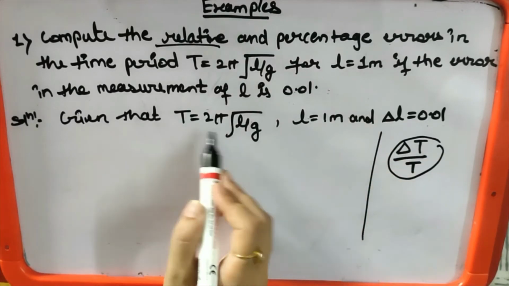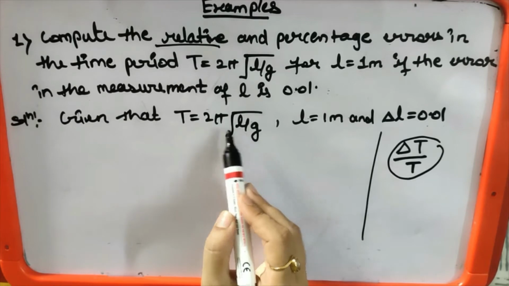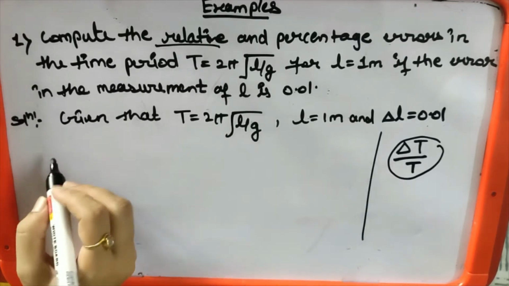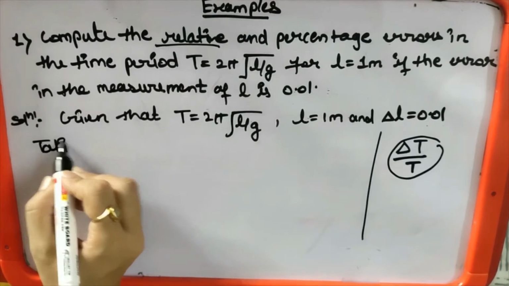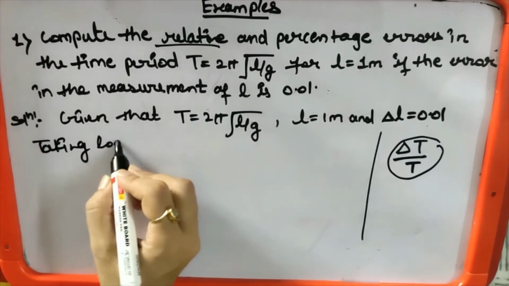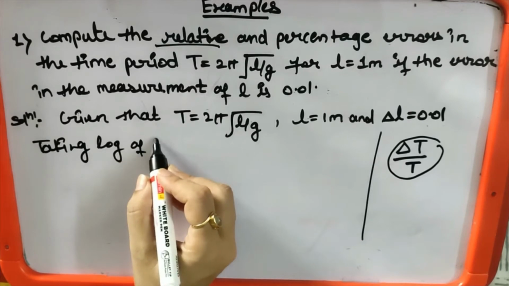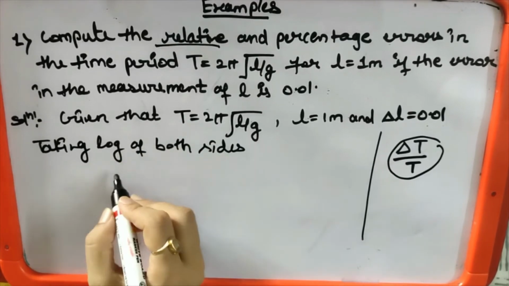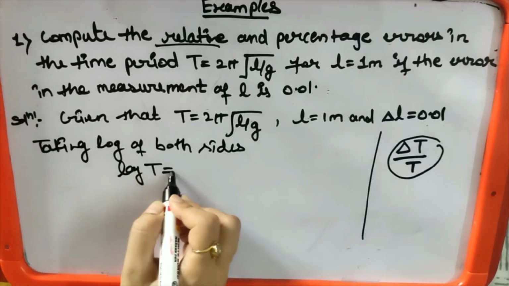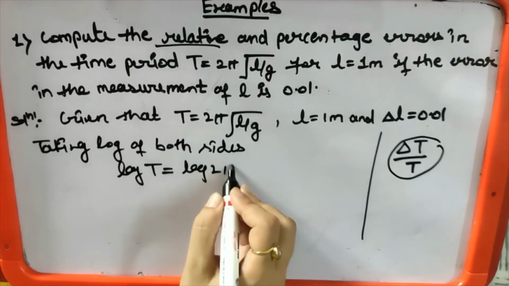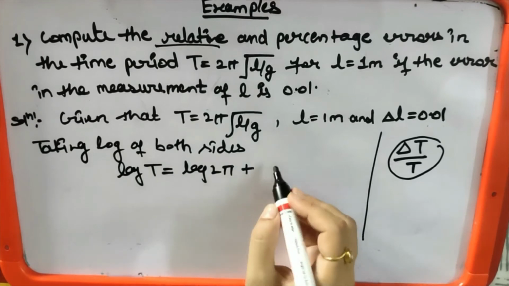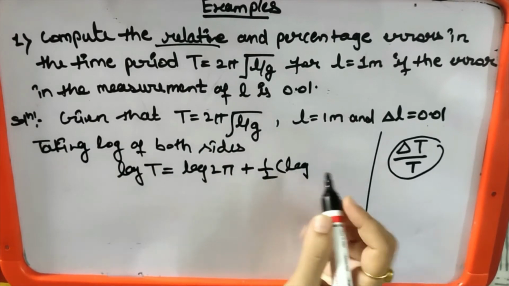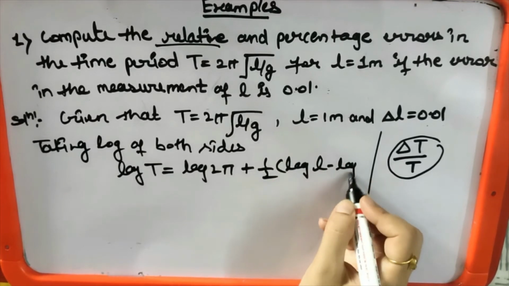Here t is a function of only one variable L. Here pi and g are constants. For this, taking log of both sides, that is log t equals log 2 pi plus 1 by 2 log L minus log g.